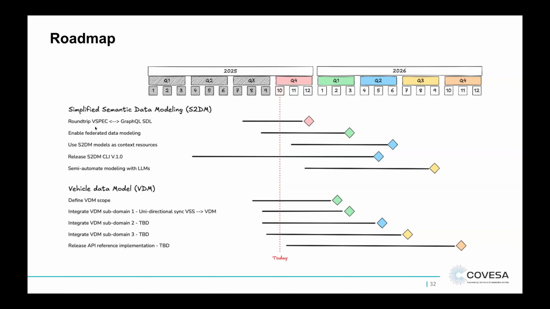The active work is VSpec. If you have the specification defined in VSS format, we are working on round trip VSpec to GraphQL SDL and then GraphQL SDL to VSpec. But currently we are targeting to define the VSpec in VSS by following VSS guidelines and translate it to the SDL, and enable federated data modeling. That's another topic that the team is actively collaborating on.